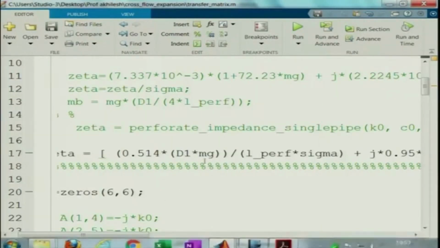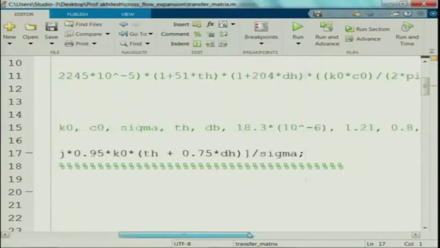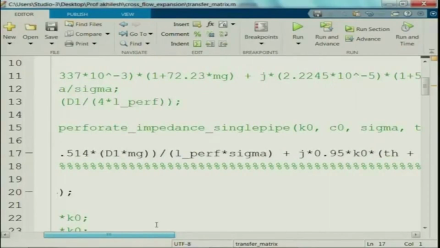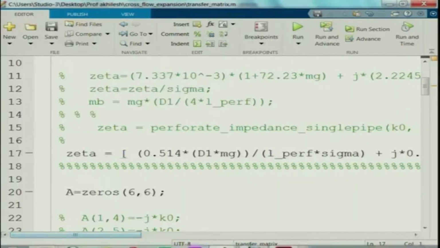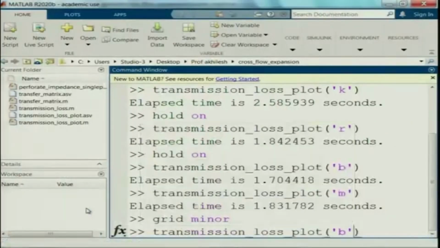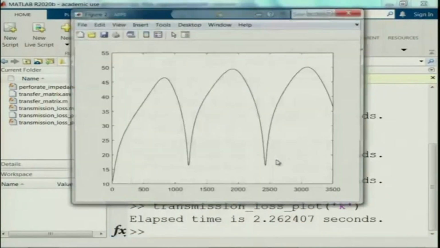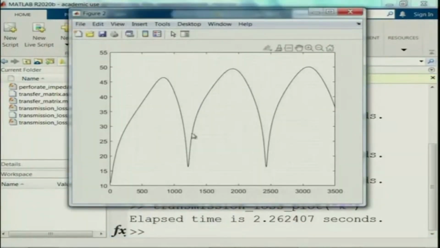So, D1 is the diameter of the duct, mg is the grazing flow Mach number, and these are the things. So, let us see what do we get. We get much more.